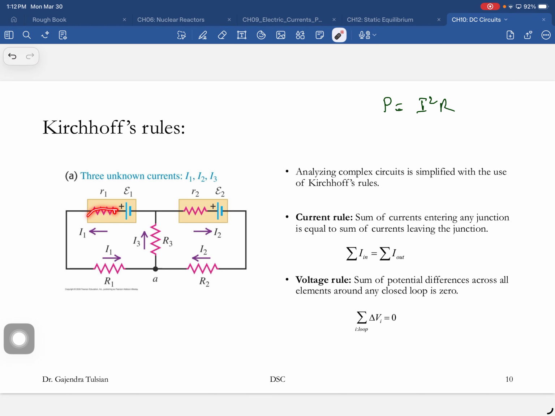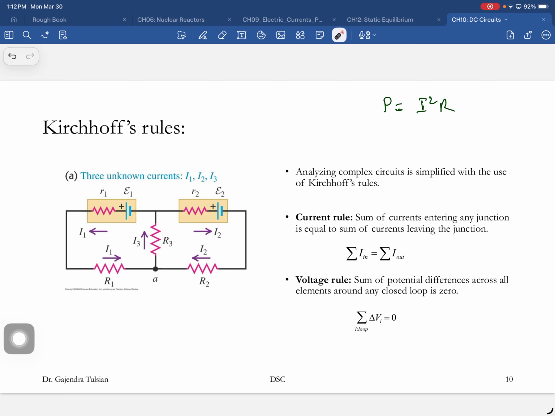What is it that we started with? We wanted to solve for the current in all the elements. So what we did was we said the current in this branch was I1, the current in this branch was I2, and the current in this branch was I3. I1, I2, and I3 are like X, Y, and Z. They are the unknowns, and we're trying to solve for those unknowns.